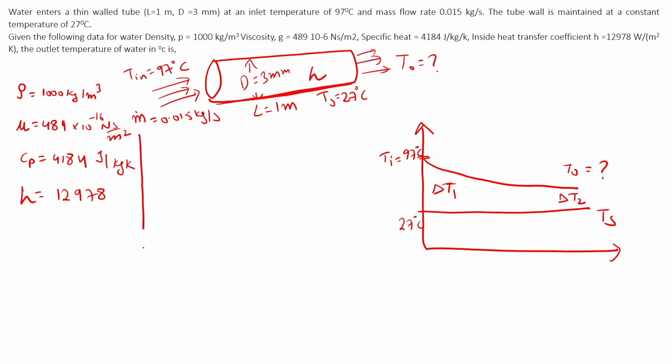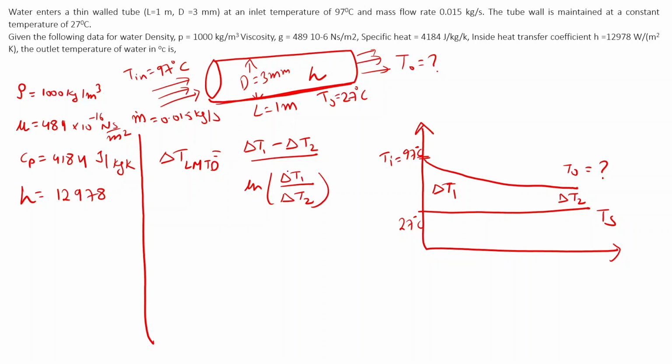Okay, so let's find the LMTD. This log mean temperature difference will be our driving force due to which heat exchange is happening. It is delta T1 minus delta T2 over ln of delta T1 by delta T2.